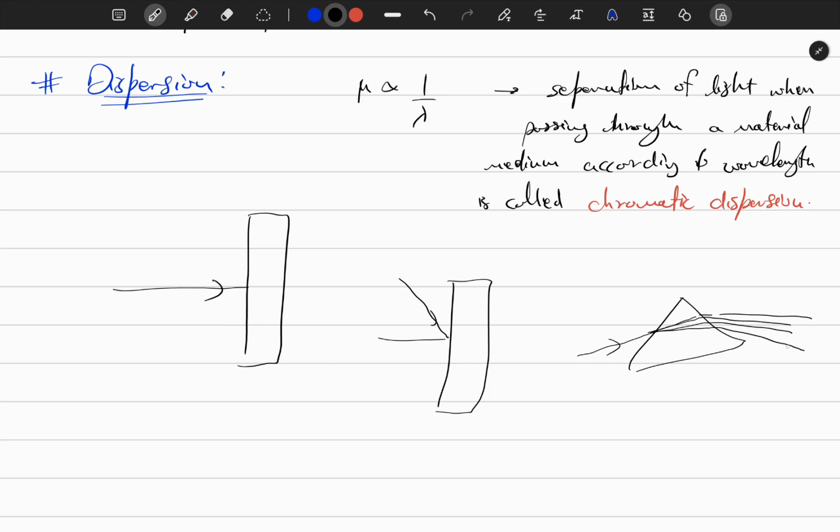Okay, so there will be different colors. Red will be on the top, then orange, then yellow, then green, then blue, then indigo, then violet.